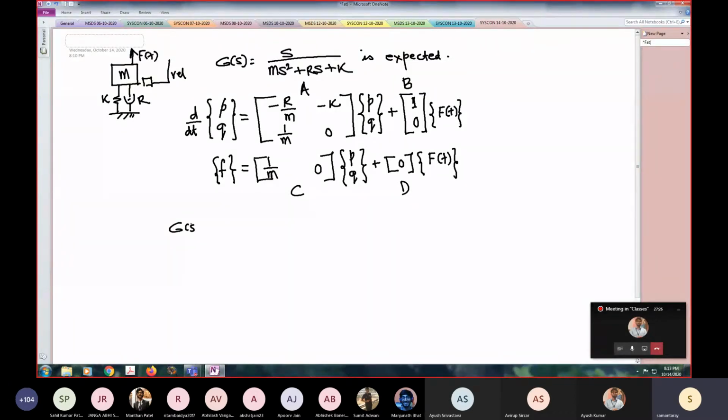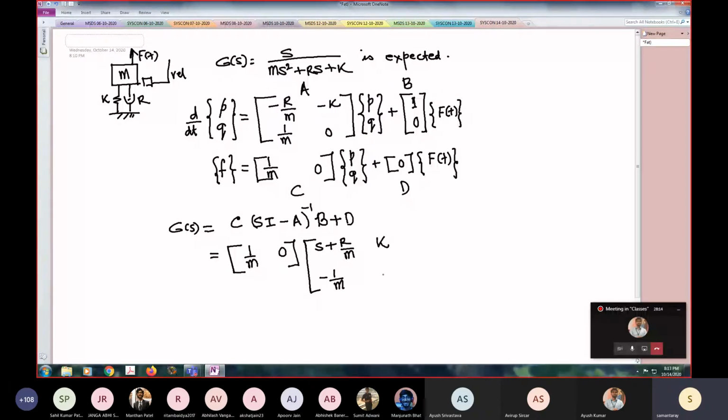Our G(s) is C times (sI minus A) inverse B plus D. So we put there 1 by m, 0, times (sI minus A). sI has two diagonal terms, s and s, other things are 0, and minus A, so whatever were in A will appear with opposite sign: plus r by m, plus k, minus 1 by m, and s, s.